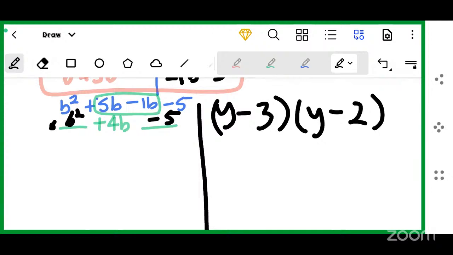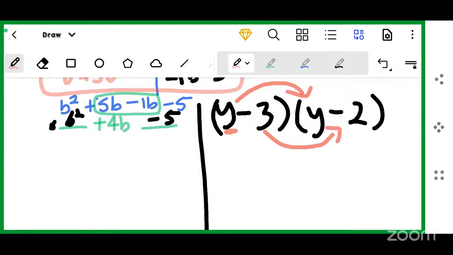So first things first, you have to use y to multiply this. I can see you understand that part. And the second part is to use the negative 3 and multiply that part.